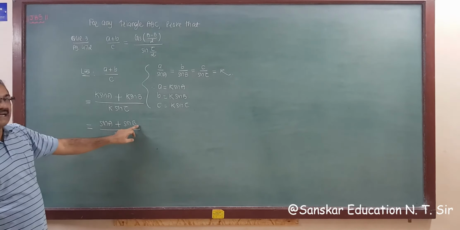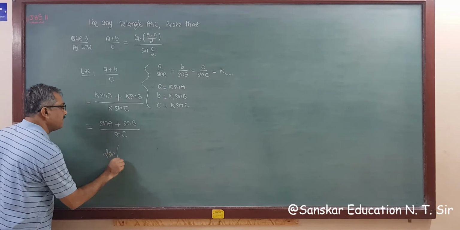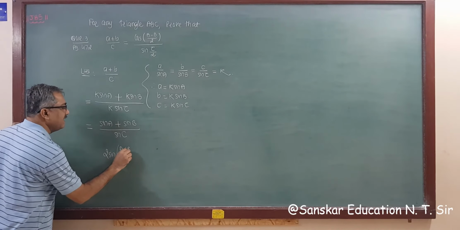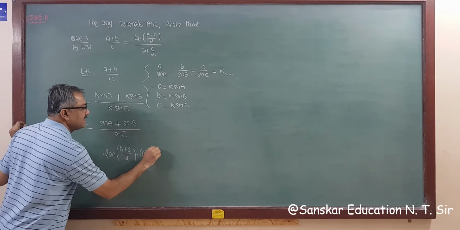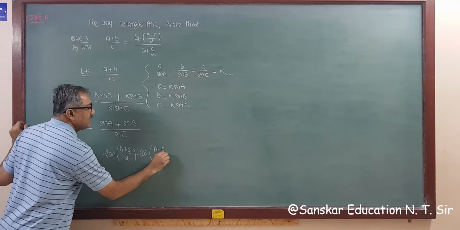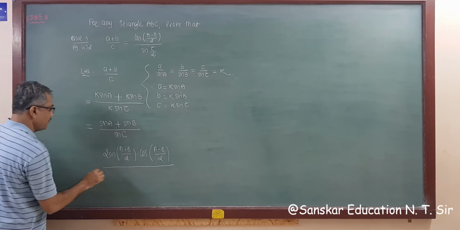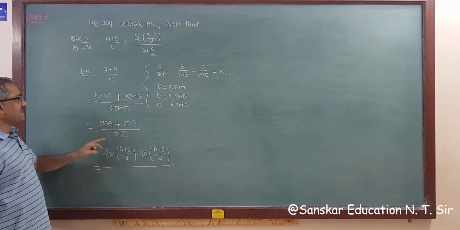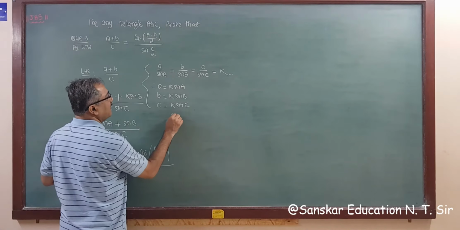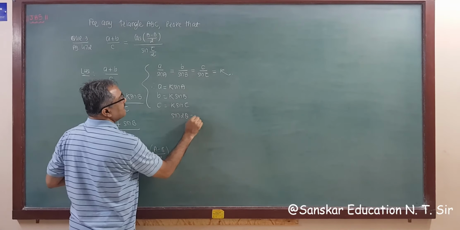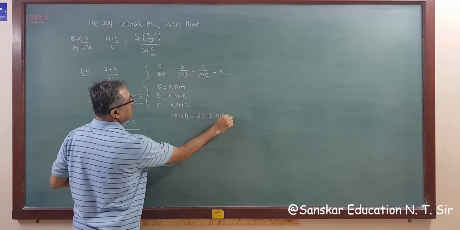Now the sin C plus sin D formula, that is 2 sin (C plus D) by 2 into cos (C minus D) by 2, whole upon sin C. Sin C means the sin 2 theta formula, that is sin 2 theta is 2 sin theta into cos theta.